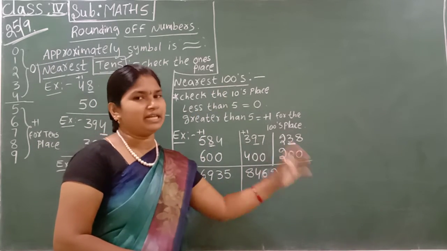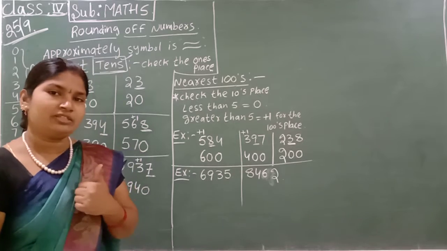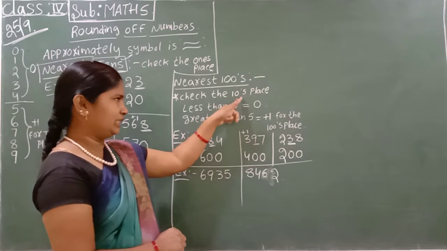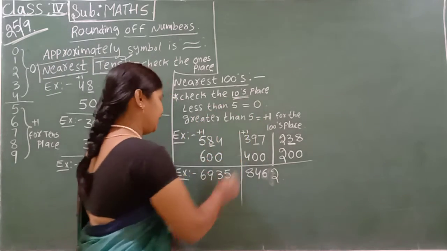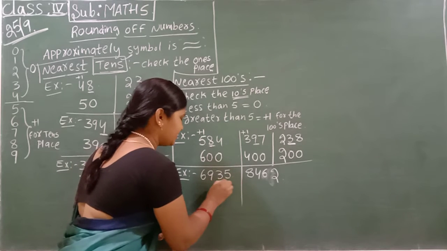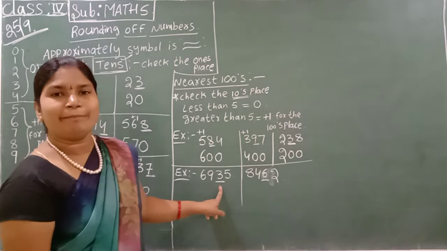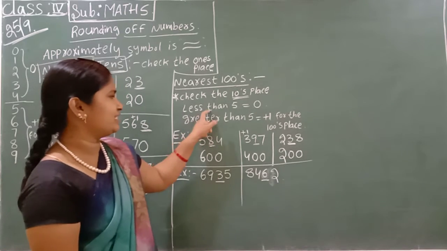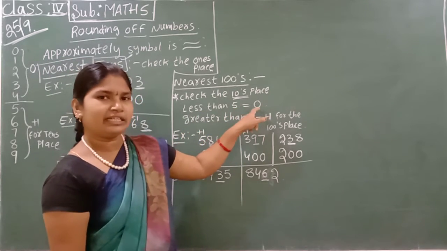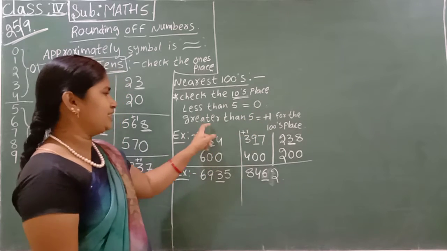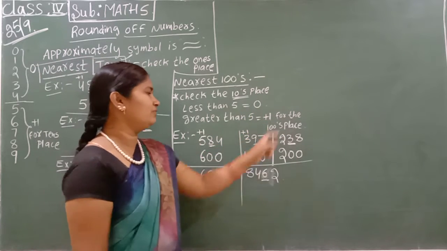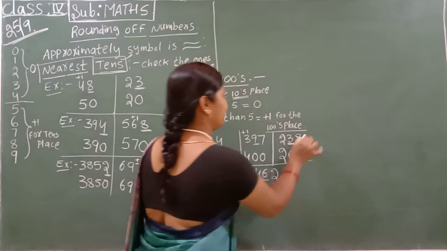Rounding of nearest hundreds means which place you have to check? We have to check the tens place. Ones, tens place. Compare the tens place. If it is less than 5, directly write down 0. If it is greater than 5, add 1 for the hundreds place.